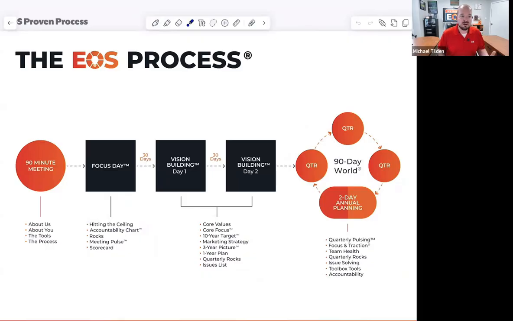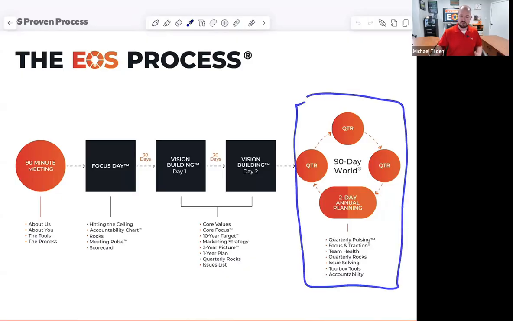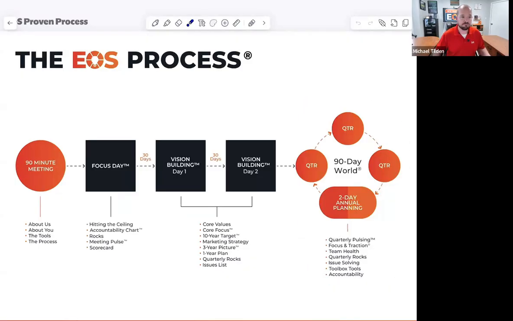And what you do there is you always start by reviewing the prior quarter, seeing what got done, what didn't get done, realigning ourselves to the vision, learning about EOS, implementing new EOS tools, solving problems together, and deciding what's important for the next quarter. And that is the 90-day world that EOS companies stay on forever.